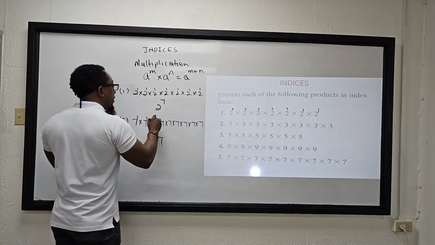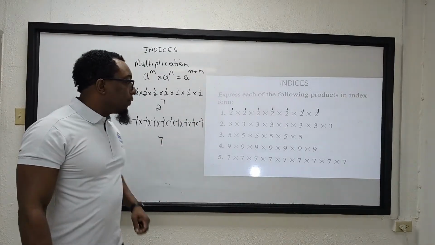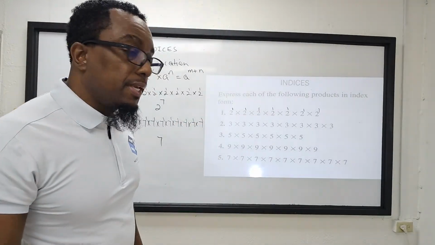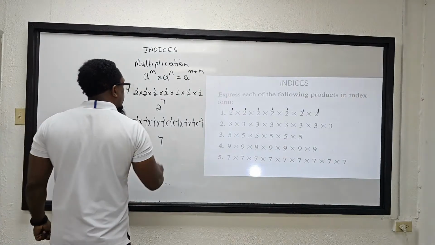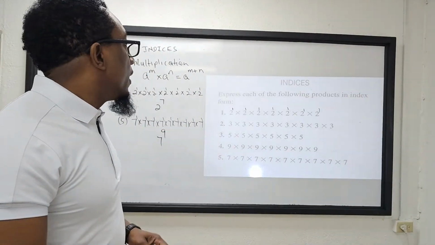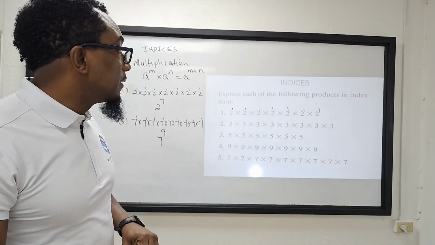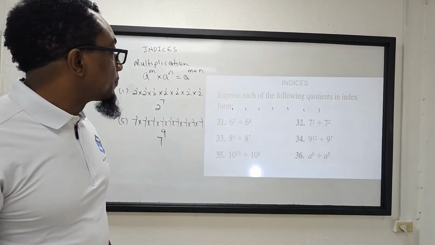Each base has a power of 1. So we add all the powers to give us 9. Straightforward, our rule of indices for multiplication. Let's move on to the next.